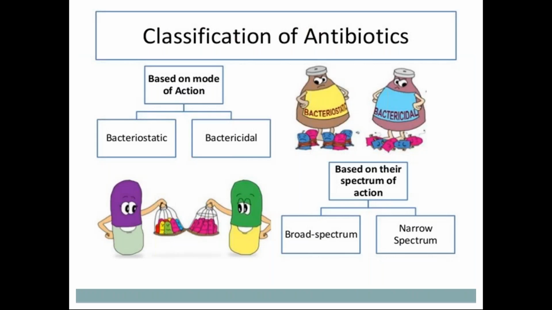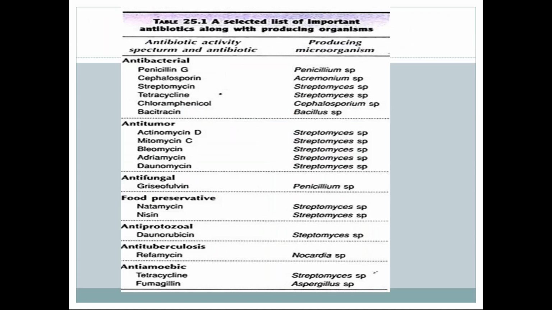Now this is the classification of antibiotics. Based on the action: bacteriostatic and bactericidal; and based on the spectrum of action: broad spectrum and narrow spectrum. Now this is a list of antibiotics produced from microorganisms. Can you see the list?